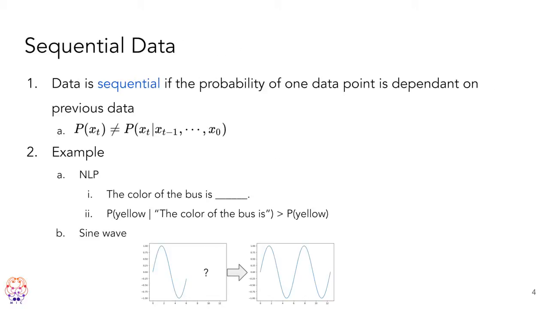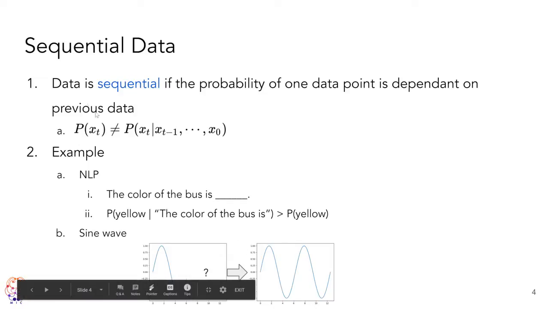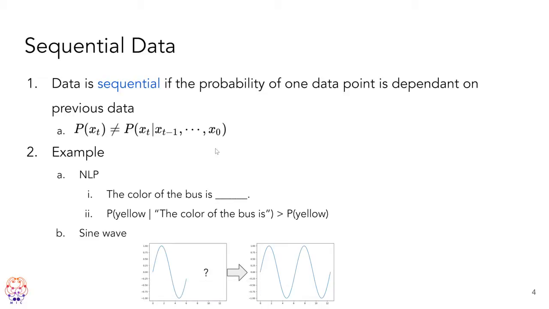Now that ties in very well with the definition of sequential data, because what we're essentially looking at is a conditional dependence, right? Our probability of x is not equal to the probability of x given some previous data in a sequence. So this sequence is basically x0, x1, x2, etc. Say you have a bunch of different points on a graph, or a sine wave. You would have x1, x2, x3, x4, like that.